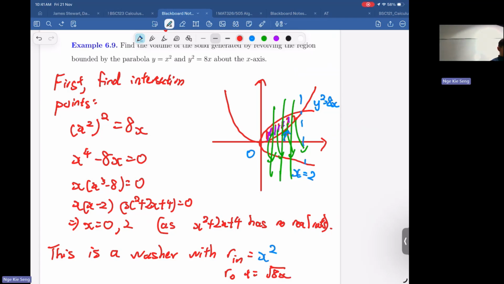The top part here is y equals square root 8x, and the bottom part here is y equals minus square root 8x. One example you need to keep in mind is a semicircle, right? Above is positive, below is negative.